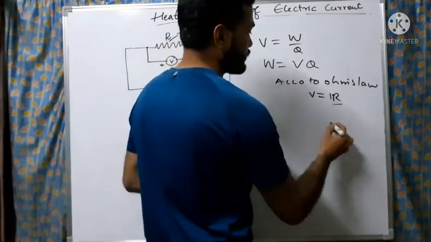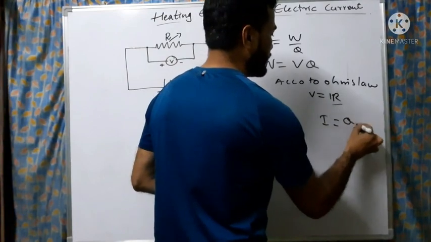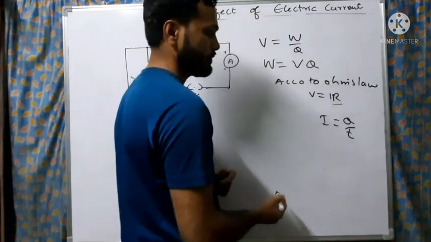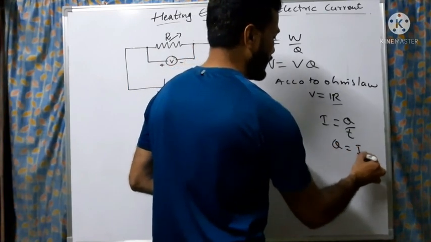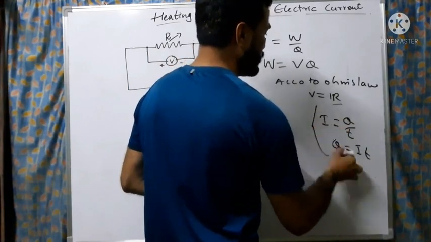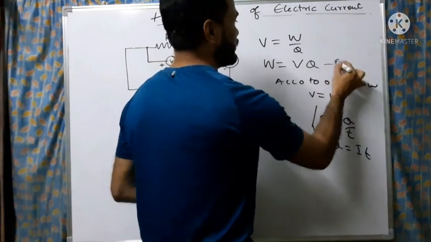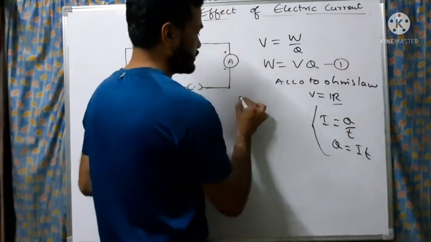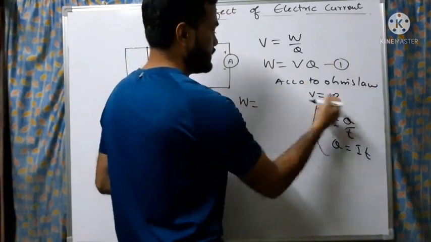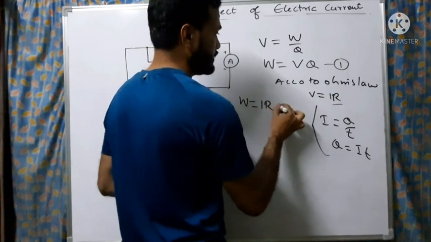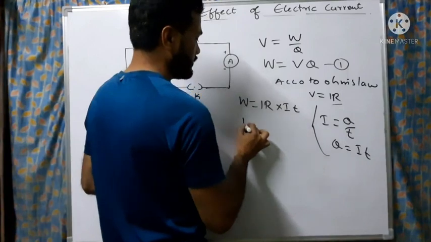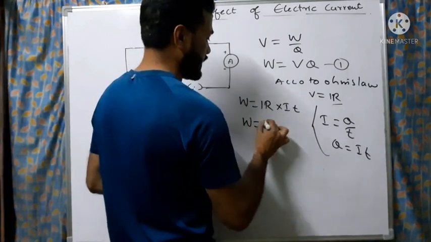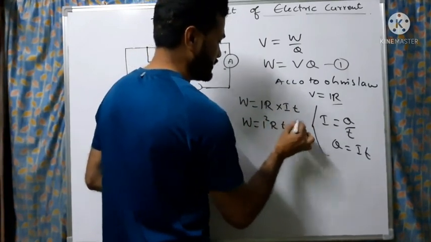Also, I is equal to Q by T, which we have also learned. Solving it for Q, Q is equal to IT. So these two values I am going to put into equation 1. That is W is equal to V, which is IR, into the Q value, which is IT. So W is equal to I square RT.